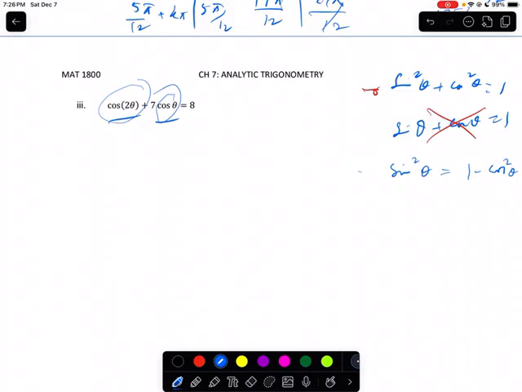We do not have any such identity. In the same way, we have cosine squared theta equal to 1 minus sine squared theta. We do not have cosine theta equal to 1 minus sine theta. So do not make up identities on your own or on what you think is correct. Follow the rules and use the correct identity.